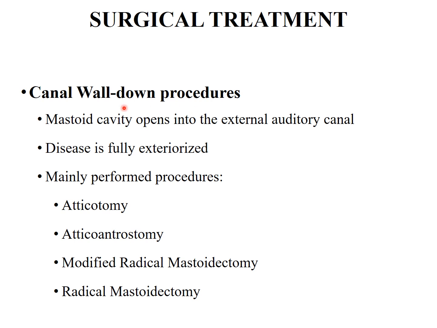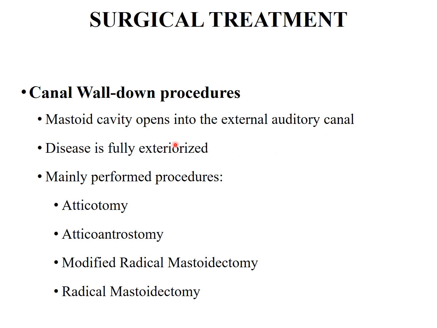In canal wall down, the mastoid cavity opens up into the external auditory canal, meaning the external auditory canal, the mastoid antrum, and the middle ear become one whole large cavity, and the patient can be followed up and examined in the OPD after the surgery. The disease is fully exteriorized.